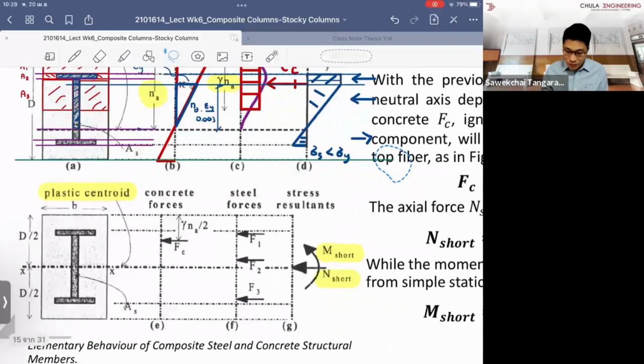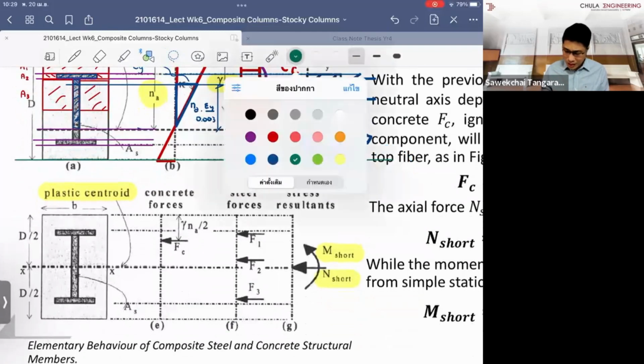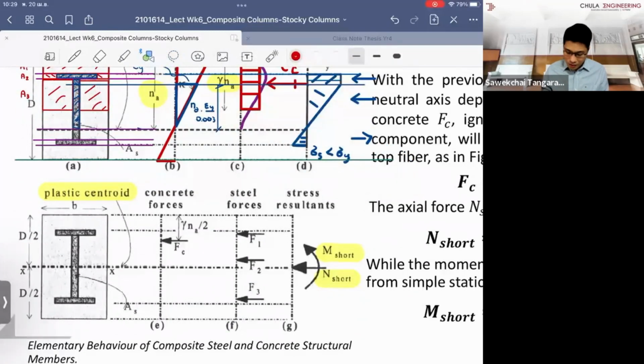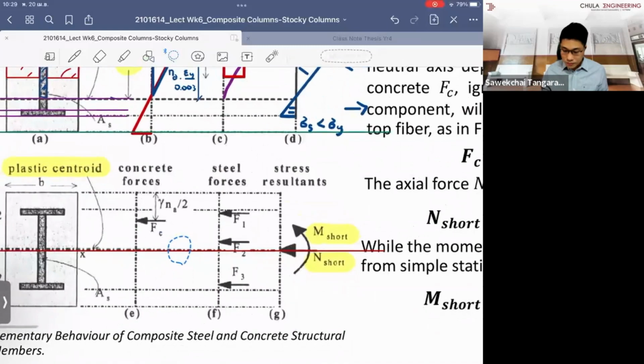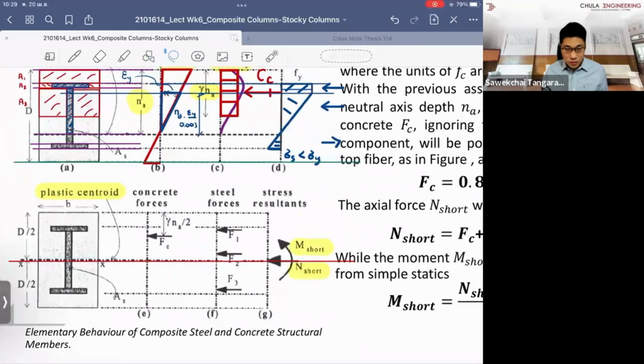And remember, this is very important, the centroid that you're looking at for the calculation of the eccentricities is the plastic centroid, okay? And this we use in the calculation for the flexural capacity and also the axial capacity, right?